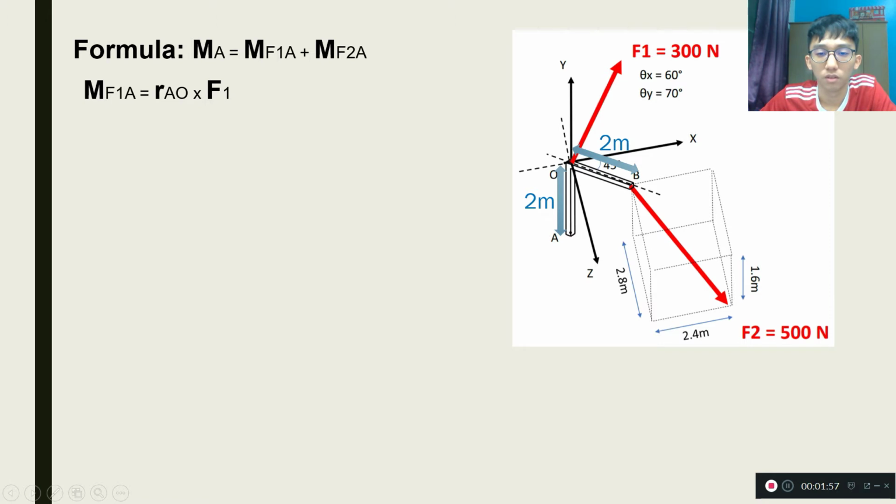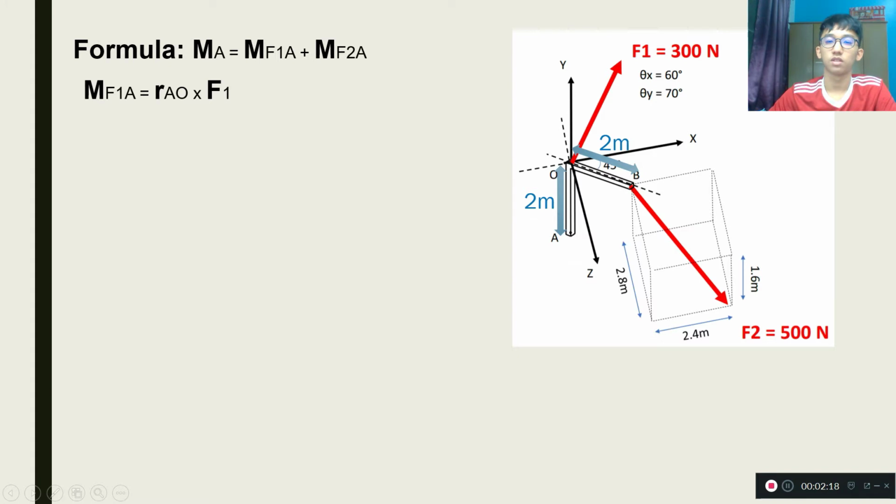So for F1, we have to look for RAO. For RAO, the distance is 2 m, and RAO moves along the y-axis.